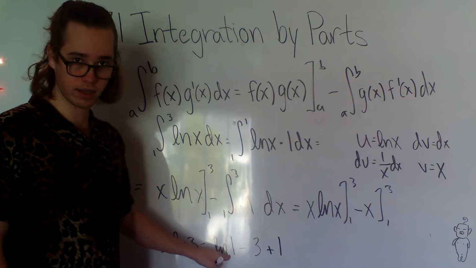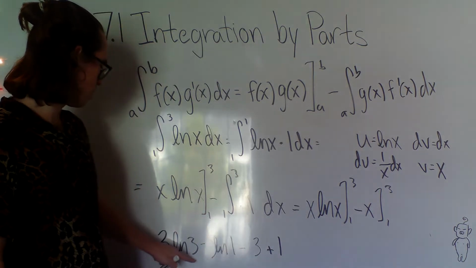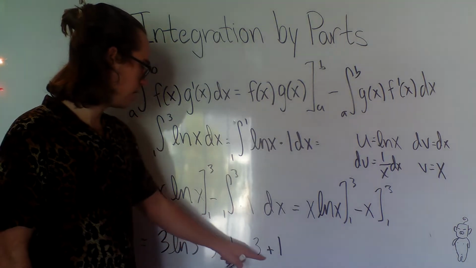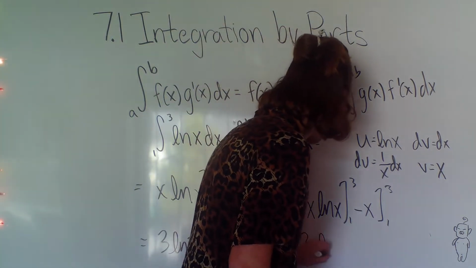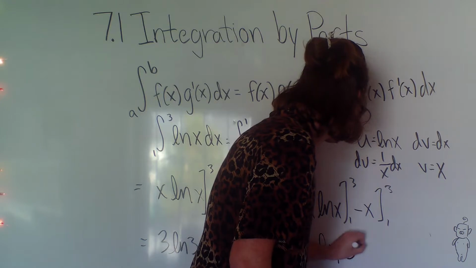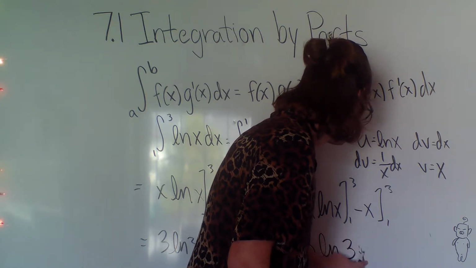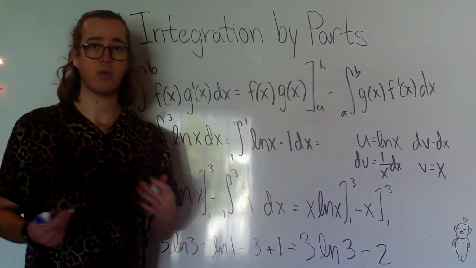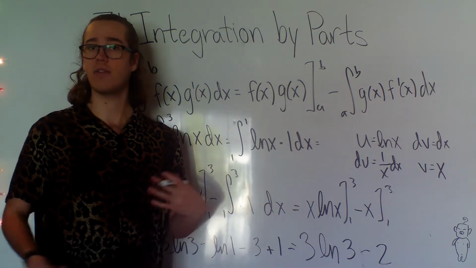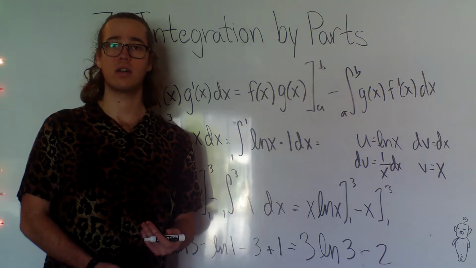And then we can be like, well, ln of 1 is 0. We have 3 ln 3 minus 0 minus 3 plus 1. So then that's just equal to 3 ln 3 minus 2. And that is how we actually find the integral of ln of x, because we've never seen it before.